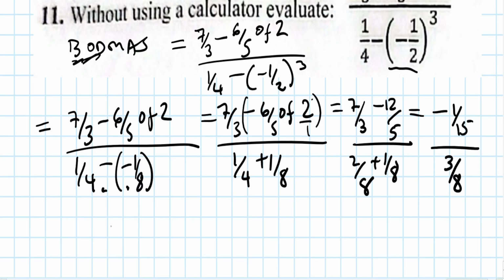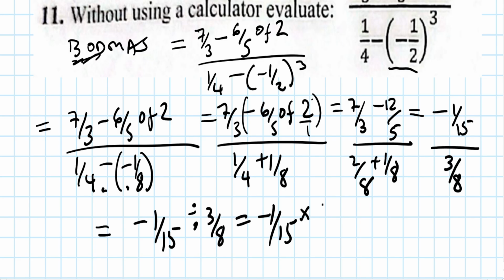So again, just divide. Minus 1 over 15 divided by 3 over 8. Minus 1 over 15 times 8 over 3. And your final answer is going to be negative 8 over 45. And that's the answer basically.